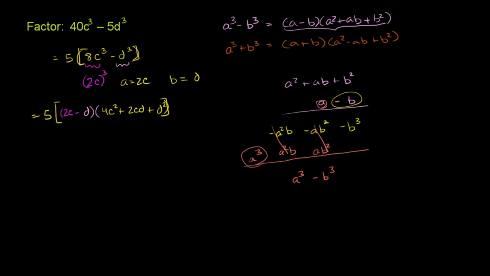This is the exact same thing as 5 times 2c minus d times 4c squared plus 2cd plus d squared. And you can attempt to factor this again, but we won't do it in this problem. And it's actually not a trivial thing to do. And I'll leave you there. We have factored this as a difference of cubes.